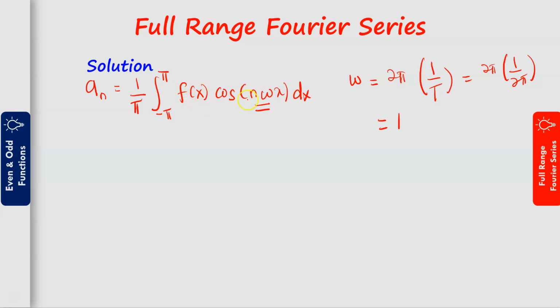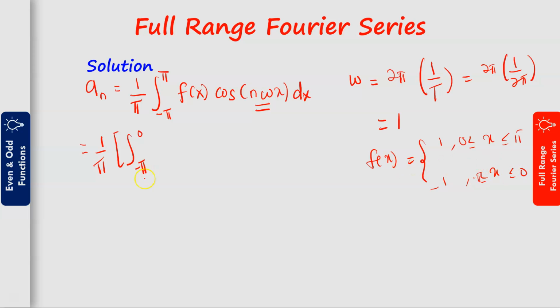Okay, and then when we try to solve this one, we get here 1 over pi. You need to integrate from negative pi to 0. So your f(x), remember we have a function here, I write again: 1 for x between 0 and pi, negative 1 for x between negative pi and 0. So here, from negative pi to 0, we have negative 1.